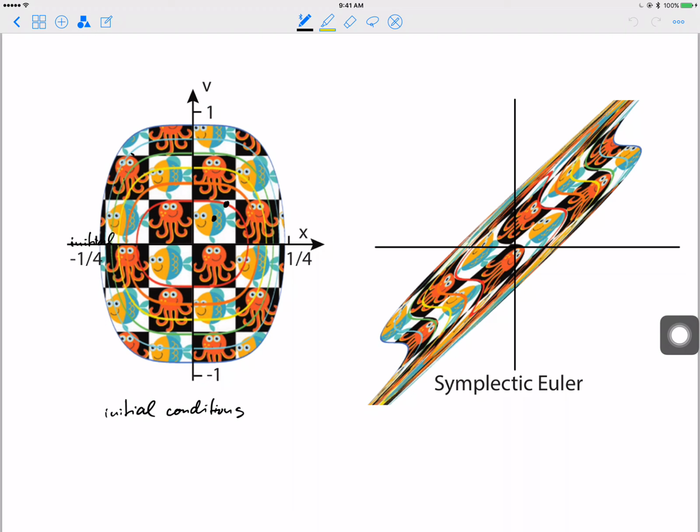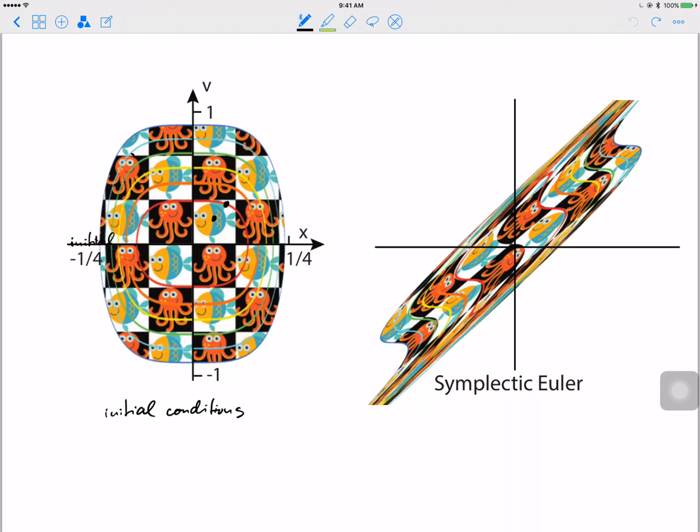And actually, it turns out that the symplectic Euler has a beautiful property. It does not have this consistent bias of overshooting or undershooting the energy. But at least with a small enough time step, the energy oscillates about the right value. It certainly does not conserve the energy. You can see that the ovals were distorted in a funny way, and it is not obvious at all how to prove this, but the energy actually behaves much better.